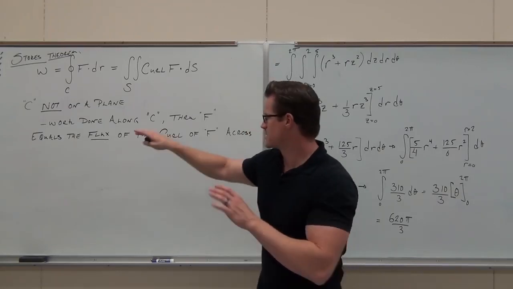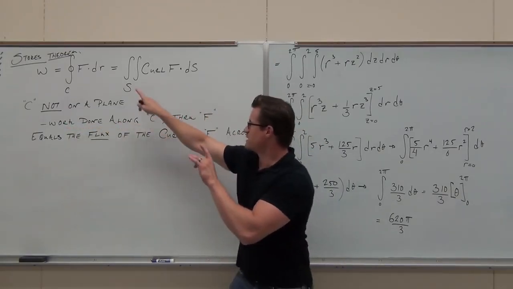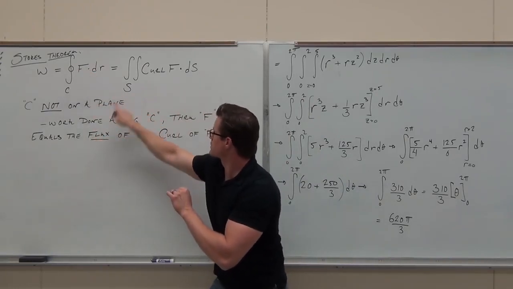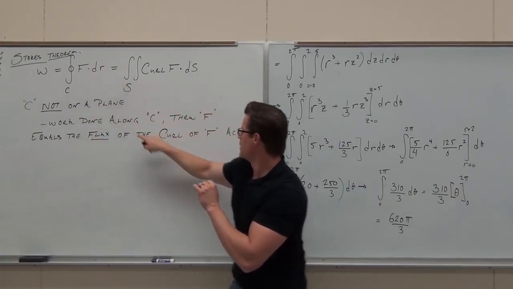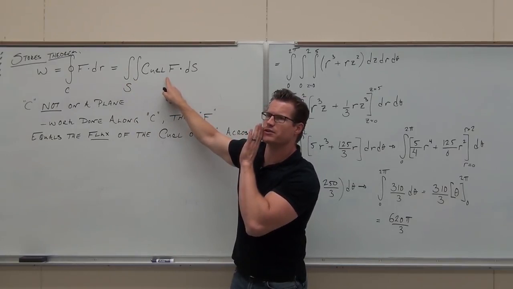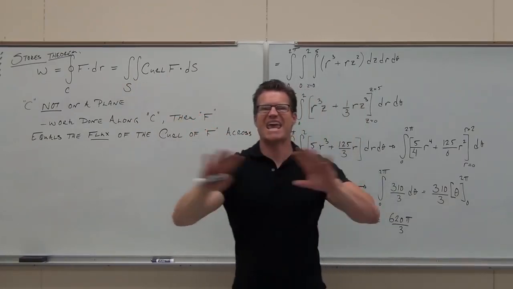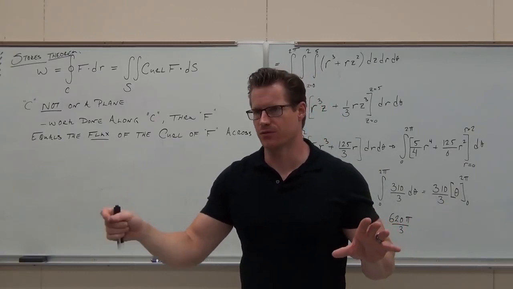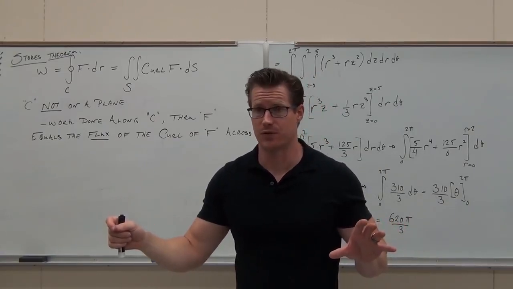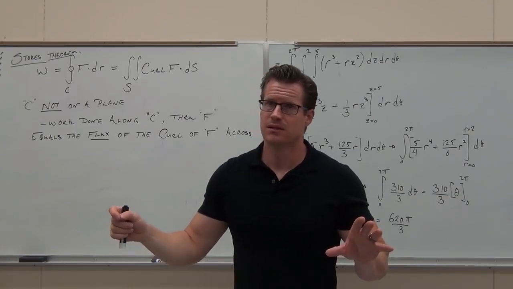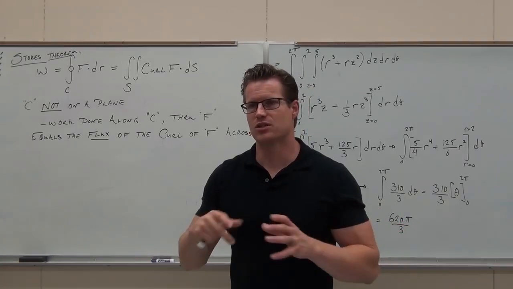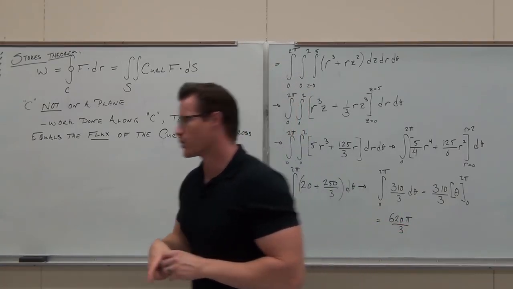So this says that the work done along C through F equals the flux, the surface integral, of the curl of F, it's still a vector field, across any surface where C is the boundary of that surface. That's freaking cool. Does that mean we need a surface? Yes. Does it mean that any surface will do? Yeah. As long as C is the boundary, that's what's important.